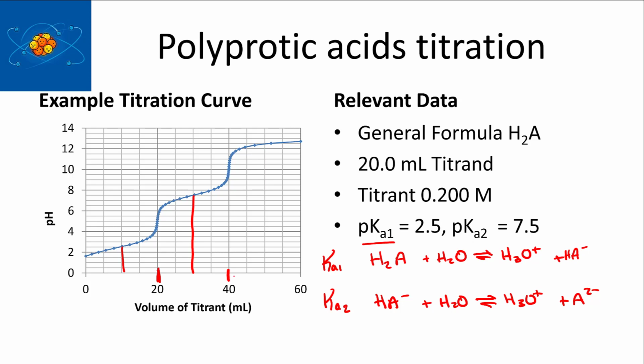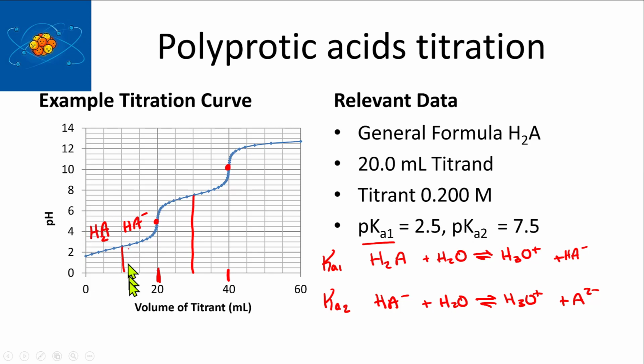Okay, so there's the second equivalence point, and as you're titrating, this volume to this volume, 20 mLs and 40 mLs, is exactly double the first one, simply because you're titrating the same acid. So in the first titration, what you're doing is converting H2A to HA minus.